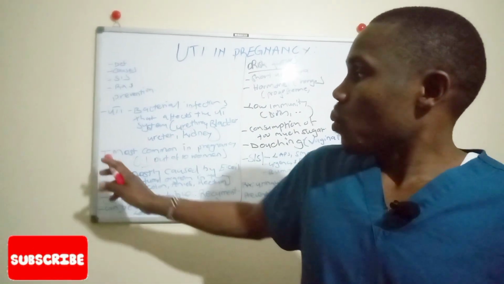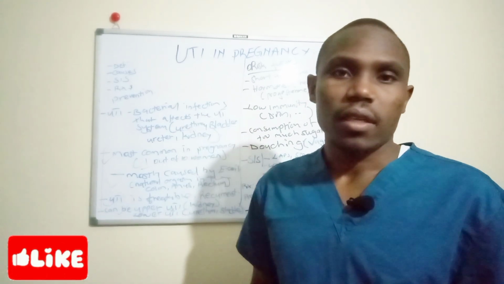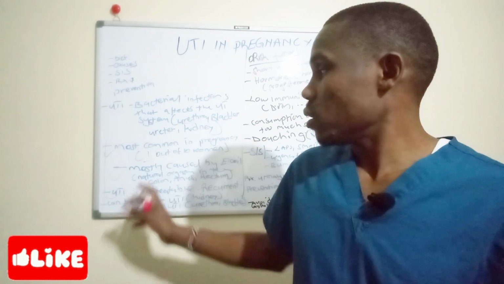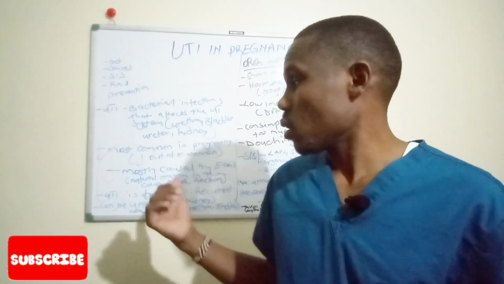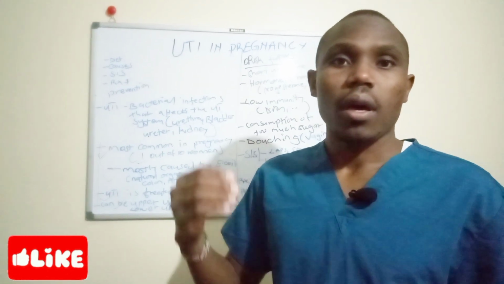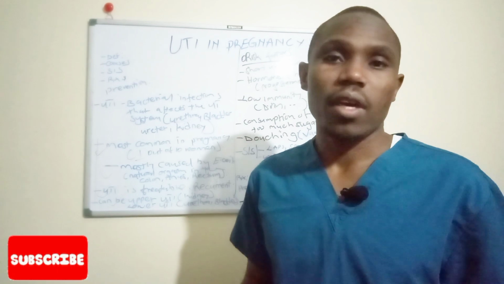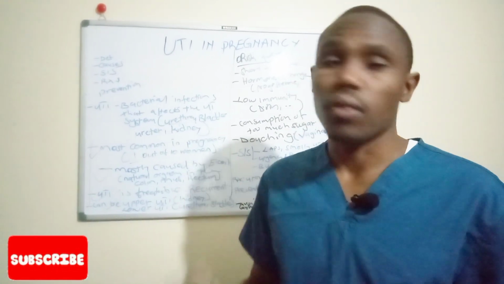Now, what are some of what we call the risk factors of this urinary tract infection? One is to get this E. coli, which is an organism in the anus and also in the colon and the rectum. One is that women sometimes wipe themselves from back to front.